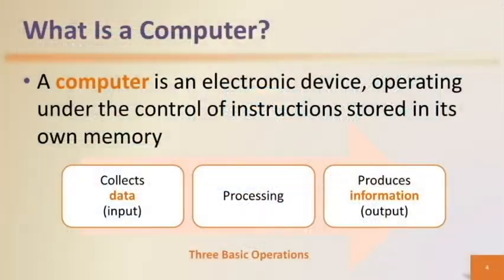A computer is defined as an electronic device that operates under the control of instructions stored in its own memory. These instructions are there to facilitate the processes of input, processing, and output.